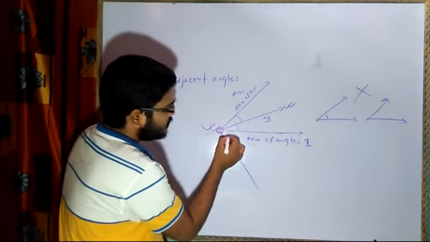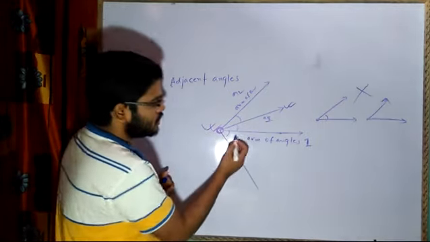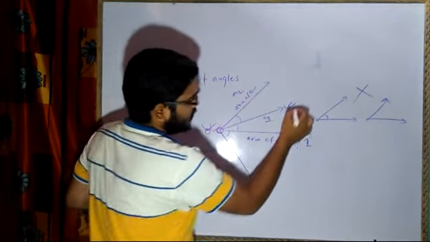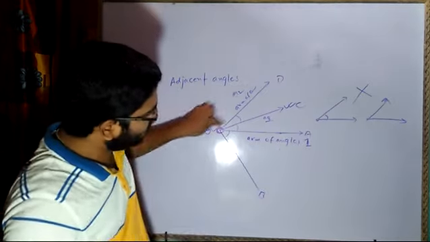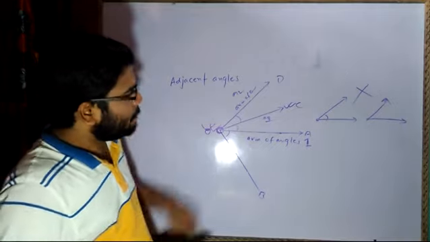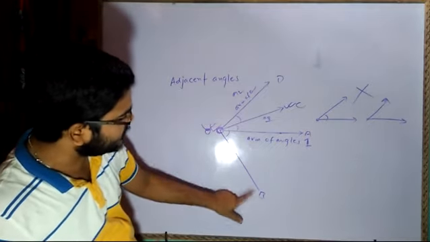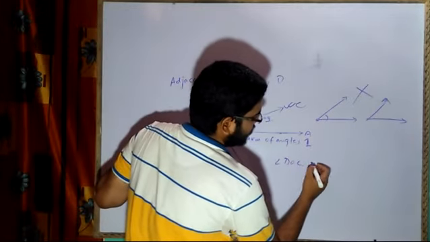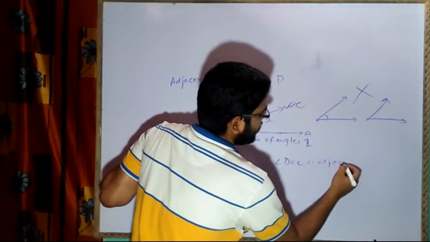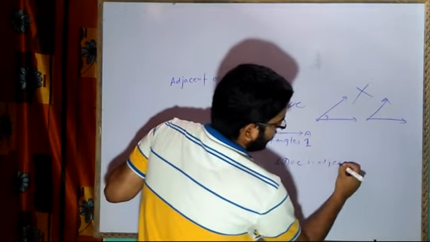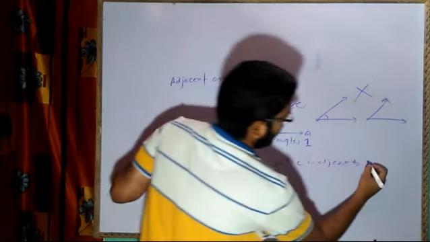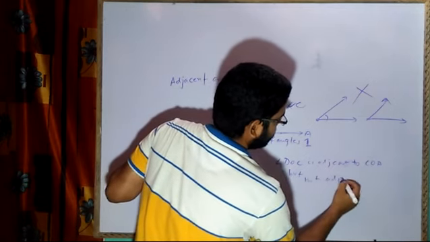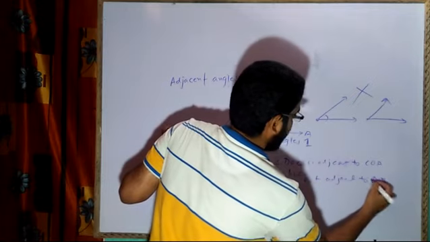If I draw another, then these all three are adjacent to each other. Say for example I have A, O, B, here C, here D. Then I will say angle DOC is adjacent to angle COA, but not adjacent to angle AOB.